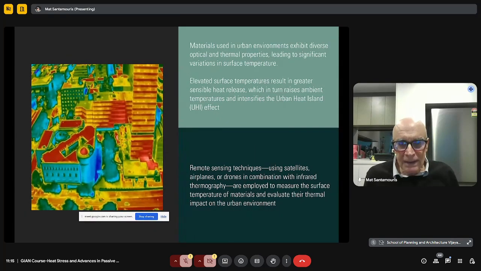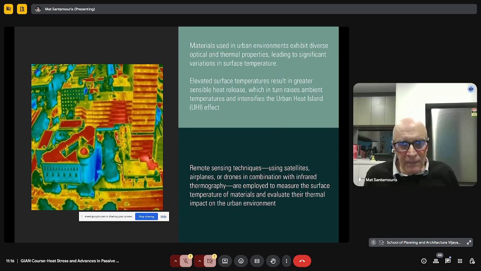Given these optical characteristics of the materials, we can understand and measure their performance and their temperature by using different experimental techniques, including remote sensing techniques like satellites, airplanes, drones, in combination with infrared thermography to measure their surface temperature.